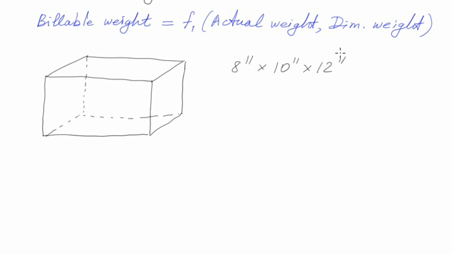When we measure the size of the box and find the largest side, here it's clearly 12 inches. This largest side we call length. This would be length, this would be width, and this would be height.